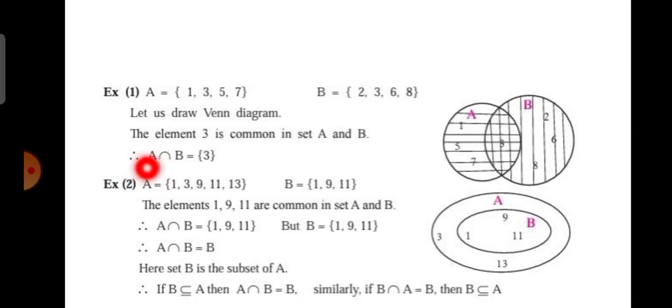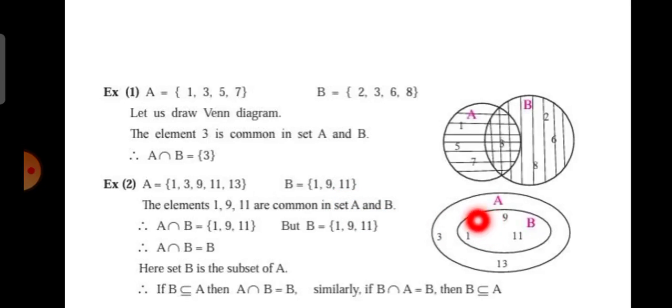Now if you see here, set A consists of elements 1, 3, 9, 11, 13. Set B consists of elements 1, 9 and 11. B is a subset of set A because all the elements from set B belong to set A. Hence, first of all, for set B you will be writing 1, 9, 11, and then the remaining elements other than 1, 9, 11 will be 3 and 13.